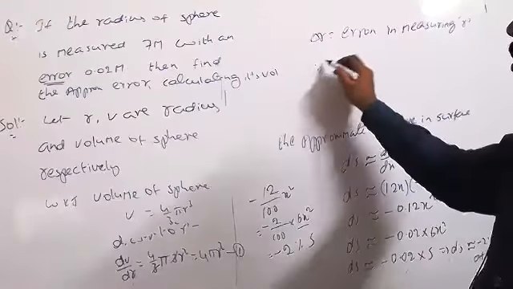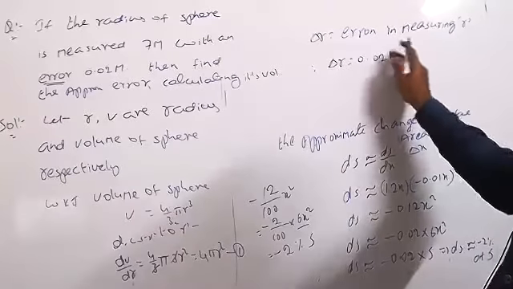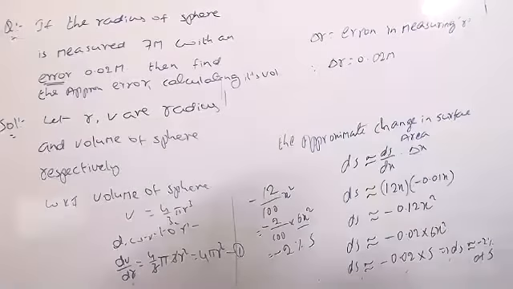So delta r equals 0.02 meters, as given. Here we have to find the approximate error in calculating its volume.